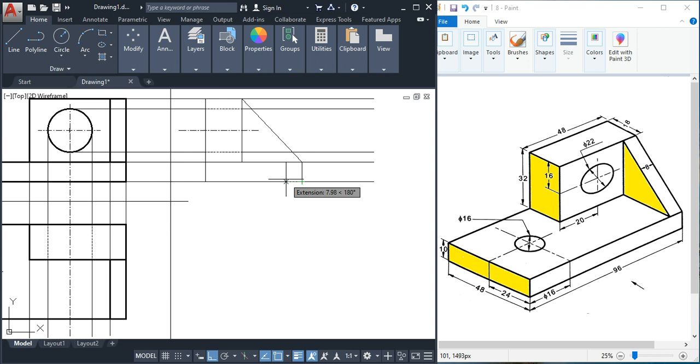From this way you can come by 24, and you can draw an axis line over here, suppose up to the same length, and from there you can draw diameter 16, meaning 8, to indicate the hole here.